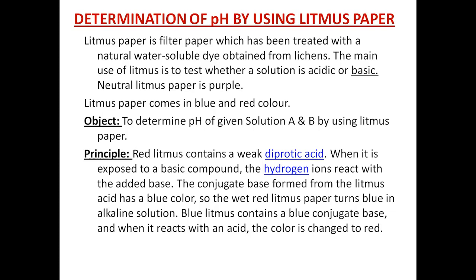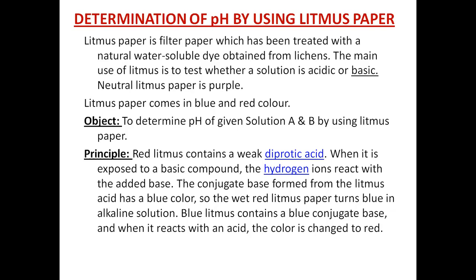So when the red litmus is dipped into a base, it releases hydrogen ions. These hydrogen ions react with the base to form a conjugate base, and that conjugate base gives blue color to that red litmus paper.